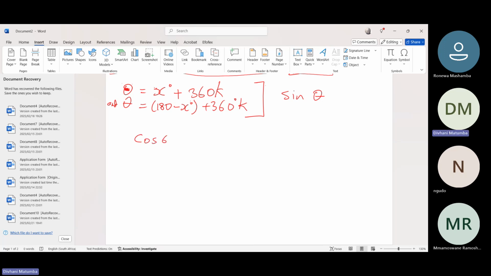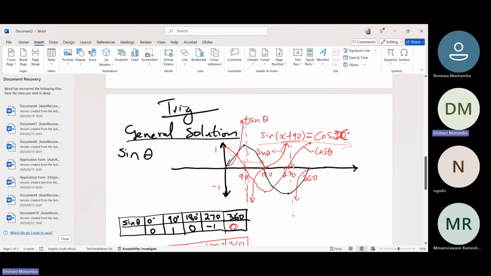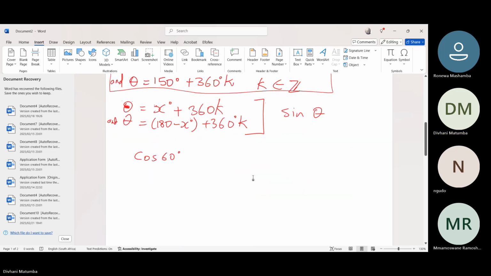Cos of 60 degrees. What is the cos of 60 degrees? 0.5.